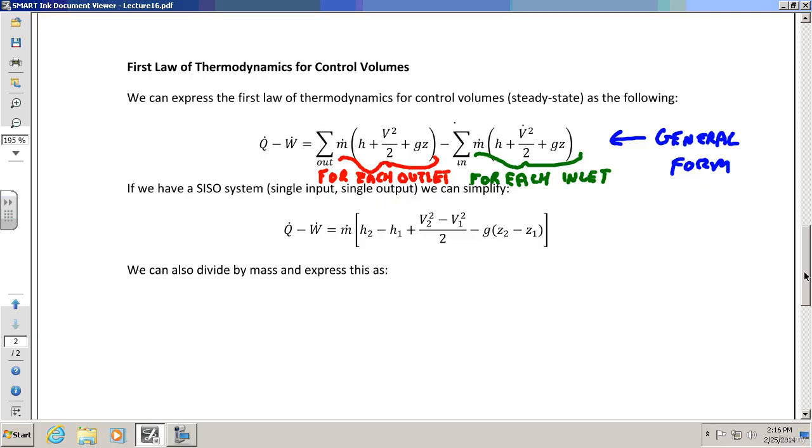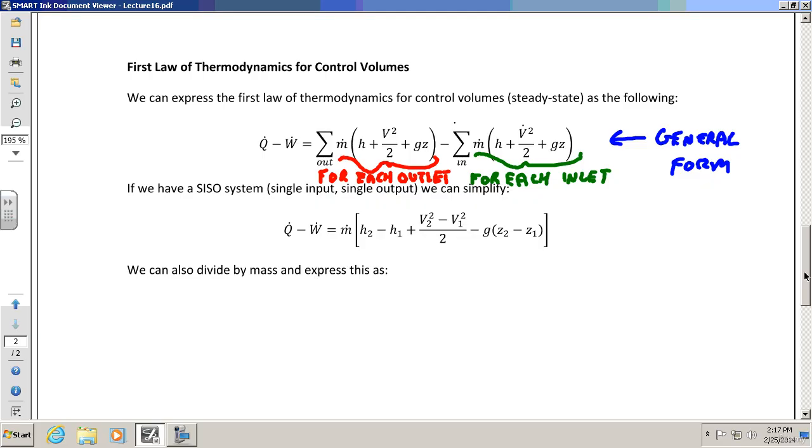A lot of systems are SISO. It makes life a lot easier. If that's the case, you only have one mass flow rate because the mass flow rate going in is the same as the mass flow rate going out, and things simplify quite a bit.